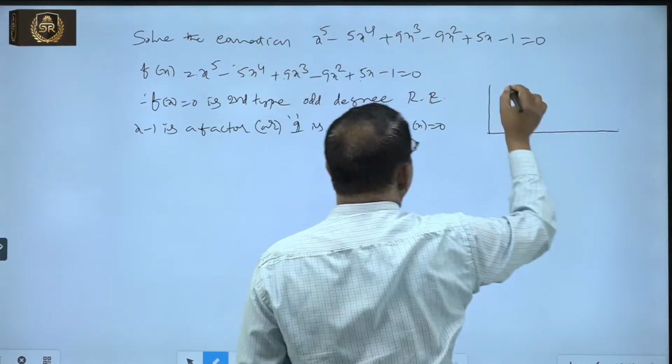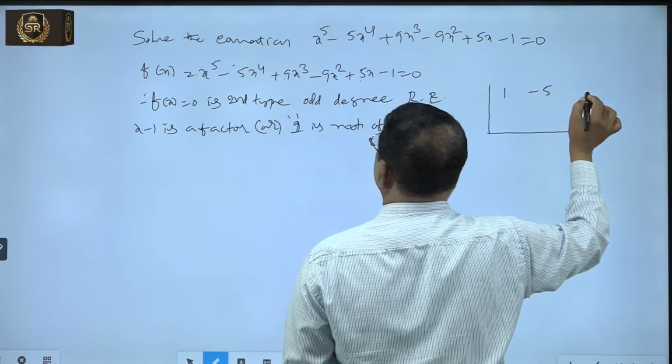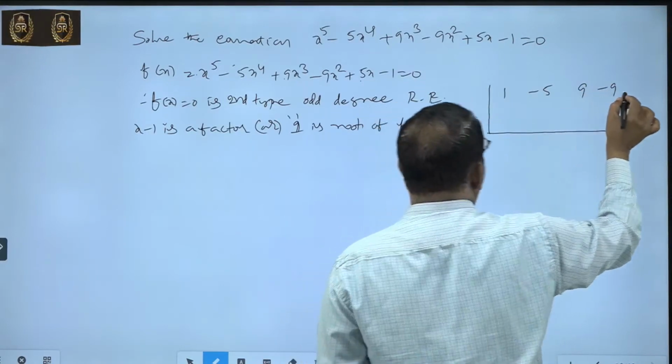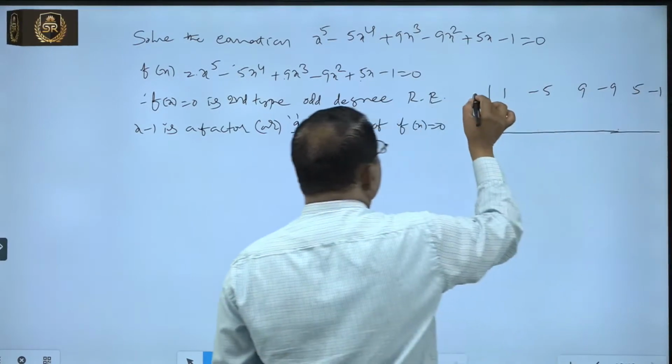The coefficients of x to the power of 5 are 1, minus 5, 9, minus 9, 5, minus 1. Now, x equals 1.